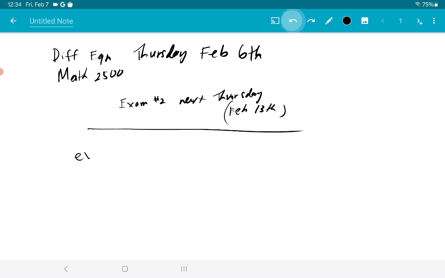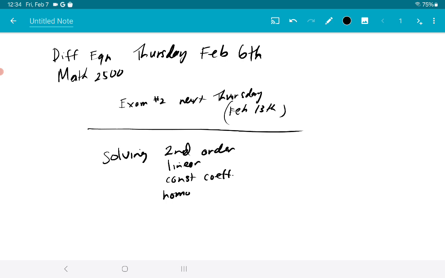Before we do an example, why don't I just remind you what we have been doing? So we're solving these second order linear constant coefficient homogeneous ordinary differential equations. There's a lot of things to say about these.